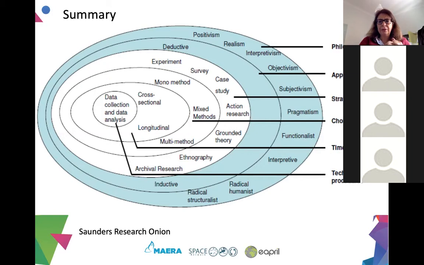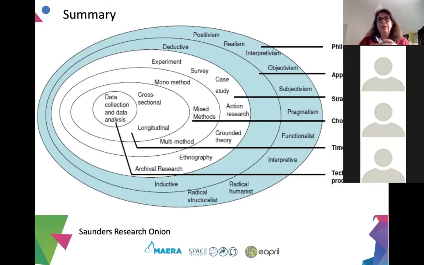There are other research designs, but these are the most important ones, or at least the most used ones in research. Then you have the choices that can be a mono method, a multi-method, or mixed methods. You can also have the time horizons. It can be a cross-sectional research or a longitudinal one. And finally, you have the data collection and data analysis.